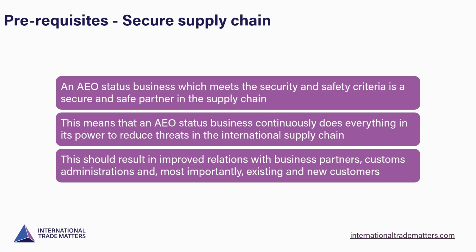And going forward, this should result in improved relations with business partners, customs administration, and most importantly, the existing and new customers, because we in the UK have now got to secure our place in the international supply chain as a known and competent importer or exporter.